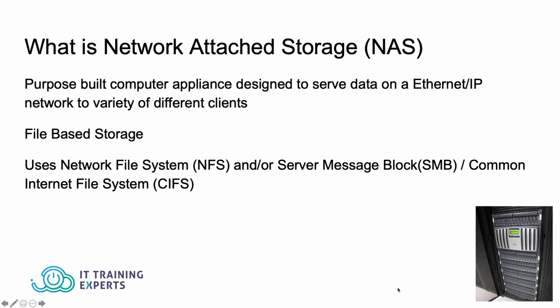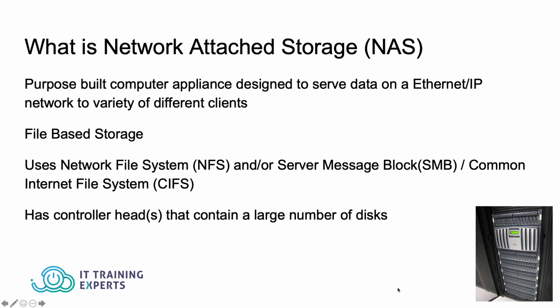So going back to an enterprise NAS system, we talked about it being a purpose-built appliance. It has redundancy built in, and it's also highly scalable. It has two controller heads, so two appliances for redundancy, and both of them can take over if the other one fails. It contains a large number of disks, much more than a traditional server does with DAS-based storage.